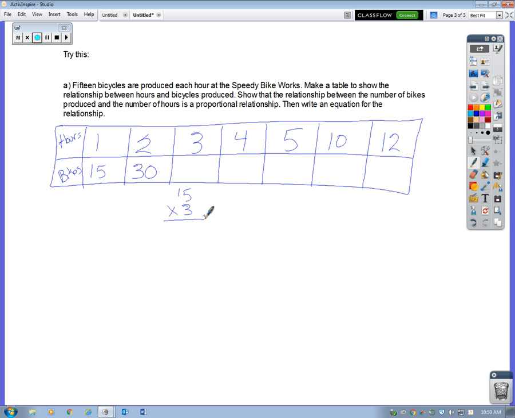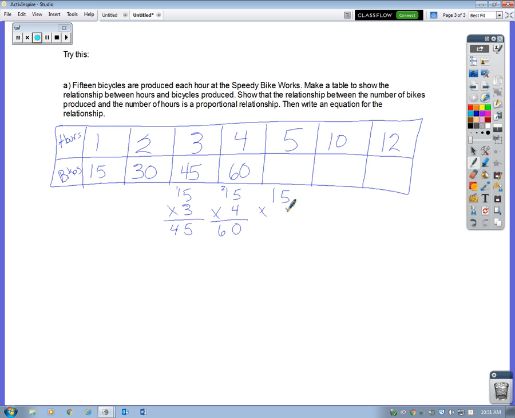Fifteen times 3. 3 times 5 is 15. 3 times 1 is 3. 45. Now we have 15 times 4. 5 times 4 is 20. 4 times 1 is 4, plus 2 gives us 60.